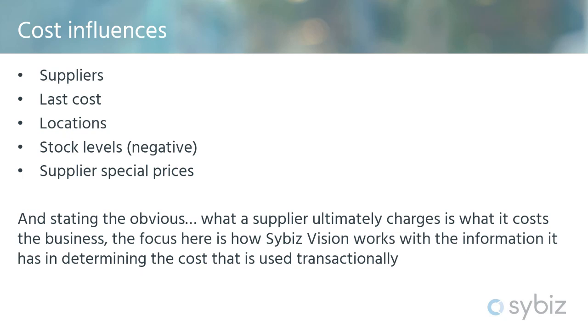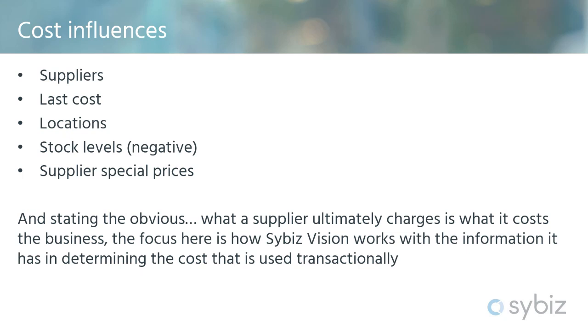And supplier special prices, I should just point out, and I'll reiterate this as we talk about them, they're called special prices because it's just a flip side of the customer special prices, but in reality, think of it more as supplier price lists, and that's a good way of controlling your costs throughout the system.